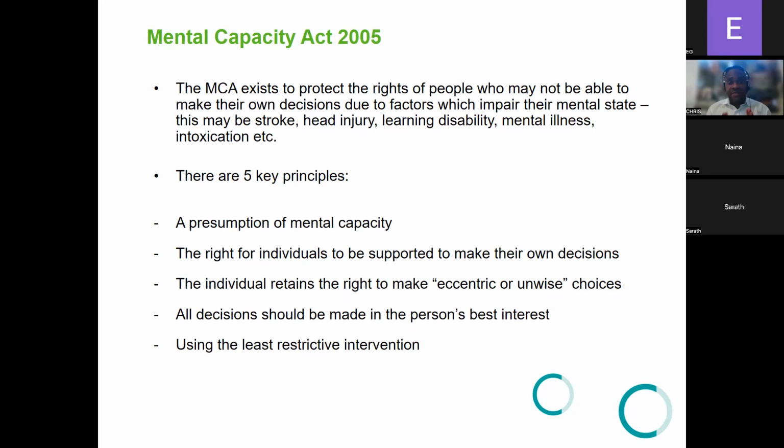And that is why for people who come under the Mental Capacity Act, either because of mental health illnesses or learning disability or any of these categories, when we are dealing with issues that pertain to their health, their well-being, and safeguarding, we should use the least restrictive interventions. We should be very flexible in considering all the factors that have to do with them and the issues at stake.